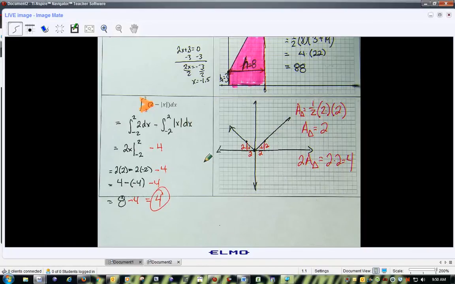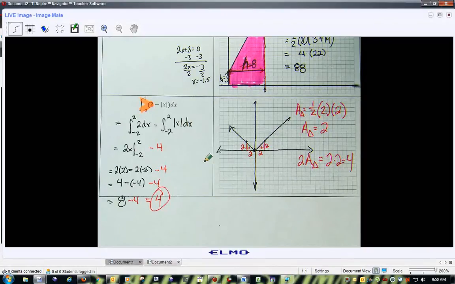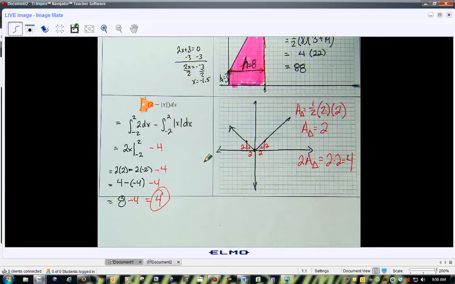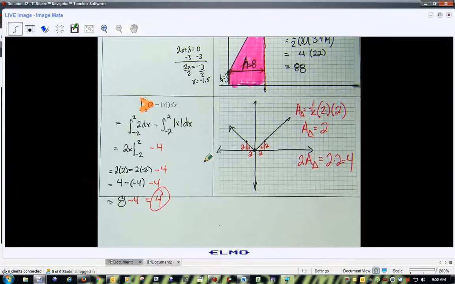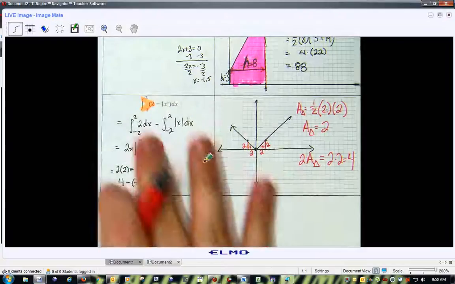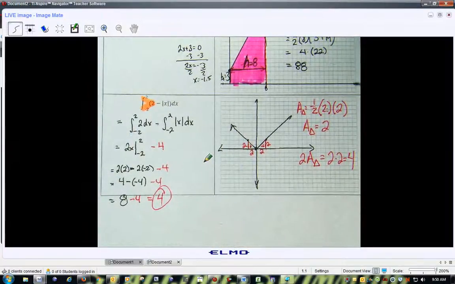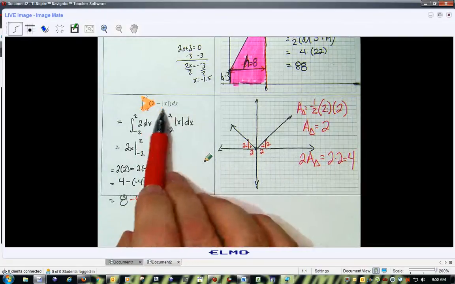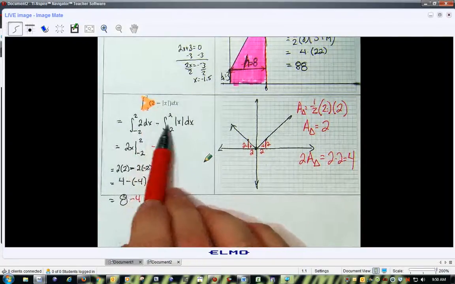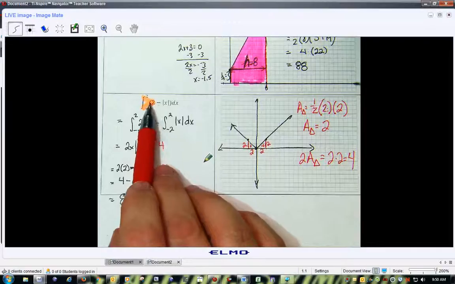Oh yeah, you could have just graphed 2 minus absolute value of x. That would have been perfectly fine. This takes into account the rules, and sometimes you get a function that's kind of difficult to graph. Because that's what it's said to do up here, I separated it into two different integrals.